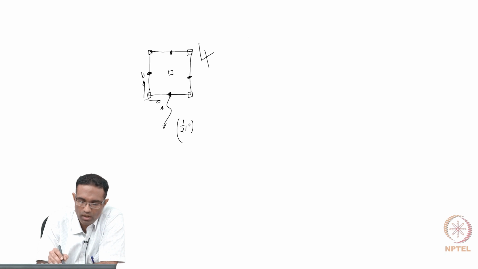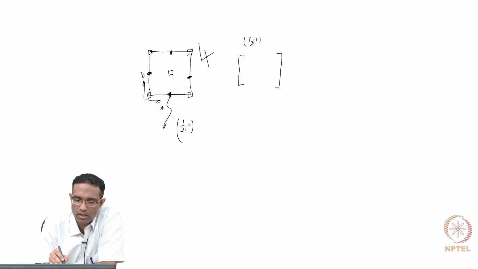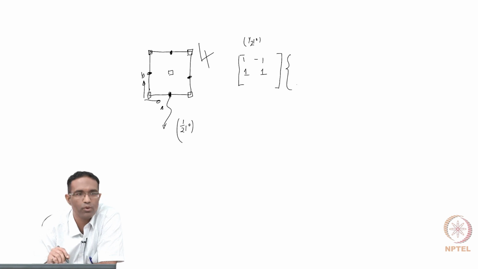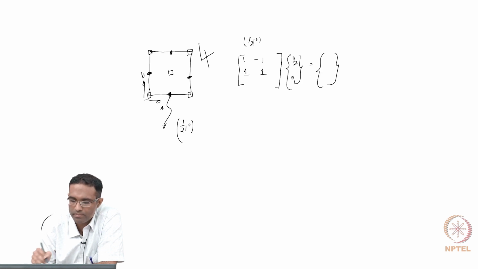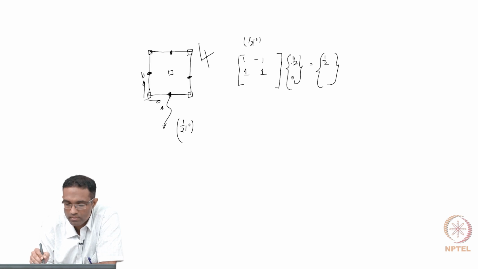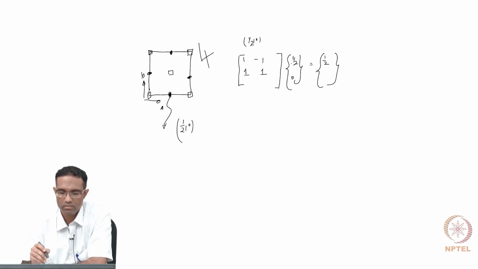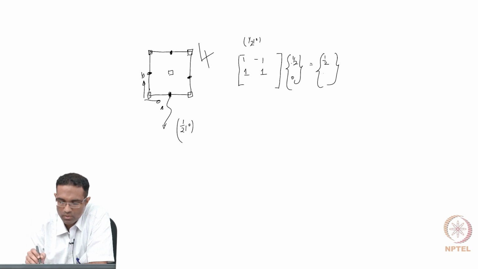We have half comma 0 given to us, and the corresponding rotation matrix, or the transformation matrix as you might call it, for the fourfold rotation is this. We saw this in the last class as well. I am going to multiply it by half and 0, and what do I get? Half and half.